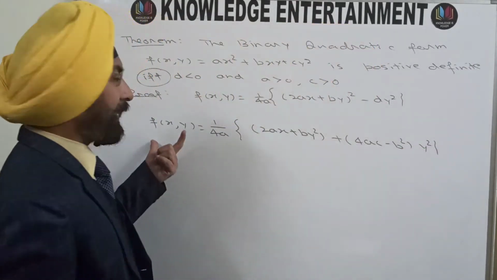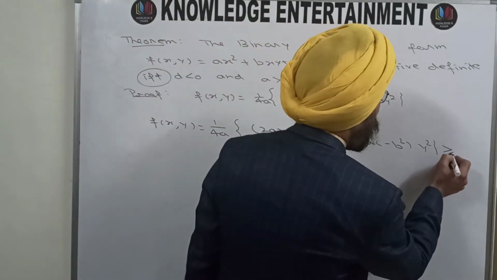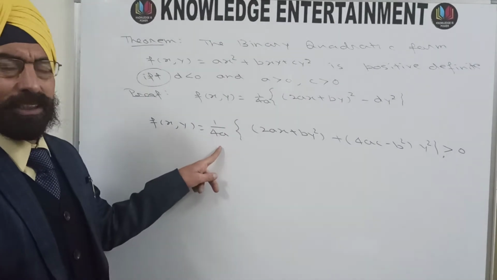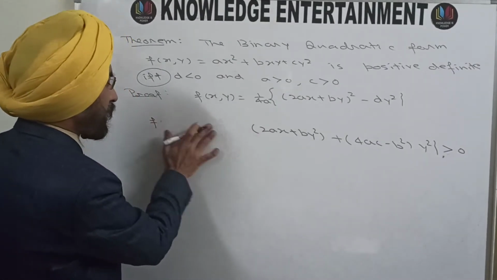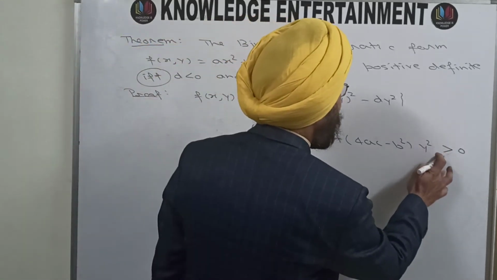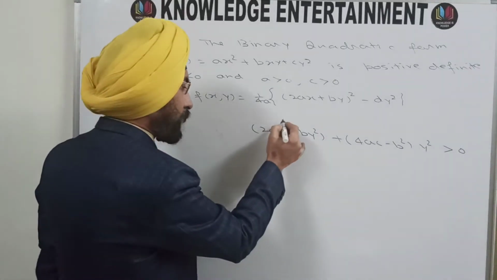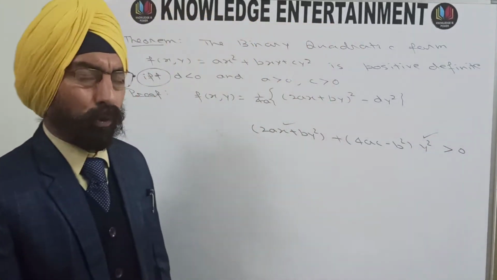This is your f(x,y), and this is given to be positive definite. That means this is always greater than 0. And a, we have proved that a is greater than 0, so you can remove this portion. So the left portion must also be greater than 0. This is a perfect square, so it is positive, no problem.